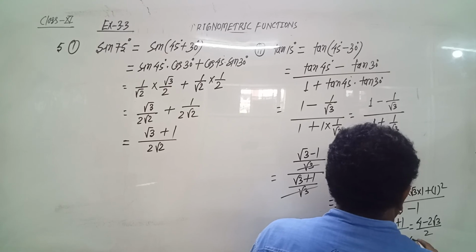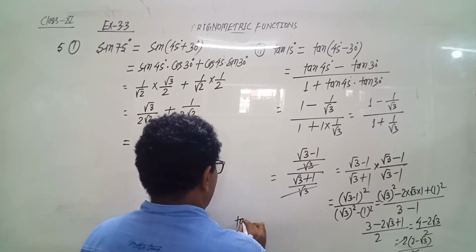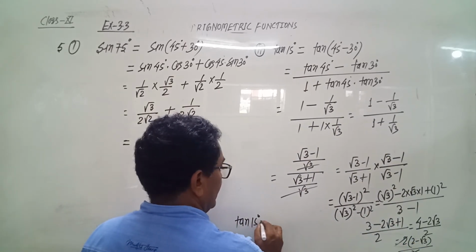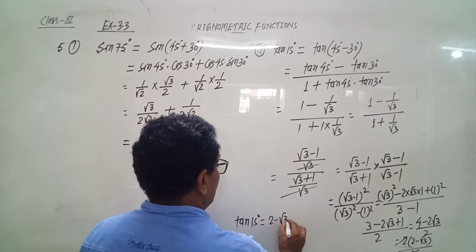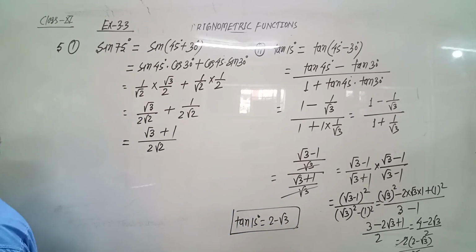We take 2 as common, so 2 minus root 3 upon 2. 2 and 2 get cancelled. So the final value of tan 15 degree is 2 minus root 3.